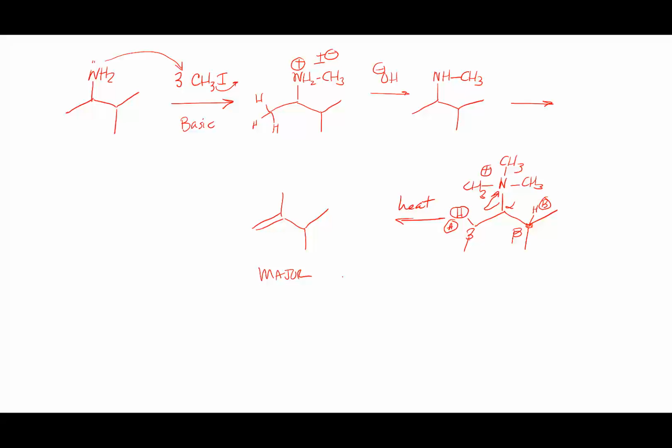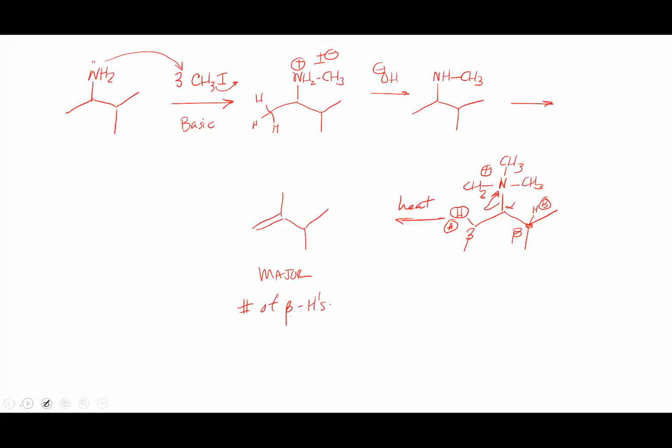So the major product is totally dependent on the number of beta hydrogens. Can you get the Zaitsev product using that? Well, if I used a base, I could get the Zaitsev product.